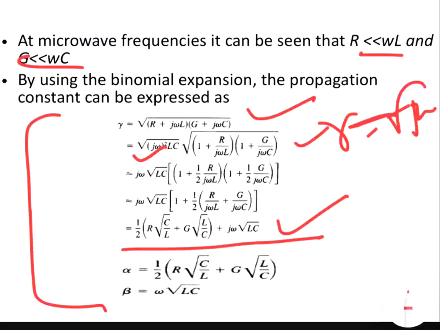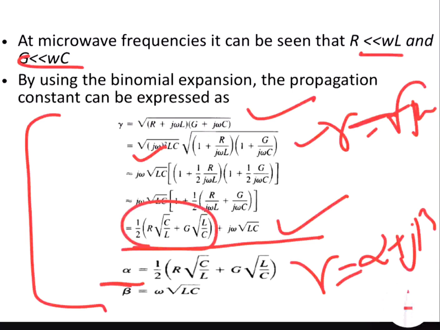Okay, so as gamma is equal to alpha plus j beta, we can write the first parameter, alpha. The propagation constant alpha is equal to 1 by 2 into R into root of C by L plus G into root of L by C, whereas the value beta is equal to omega into root of LC.